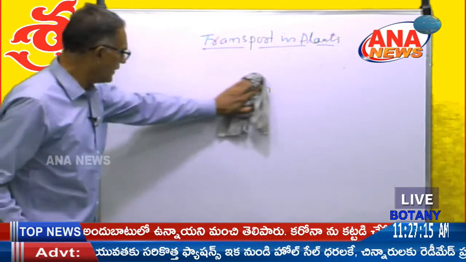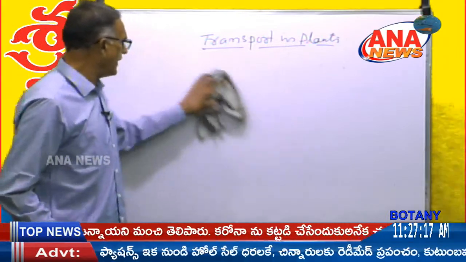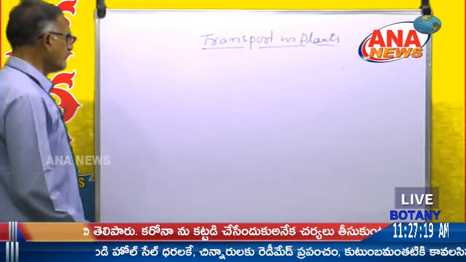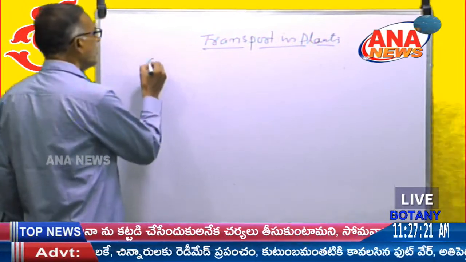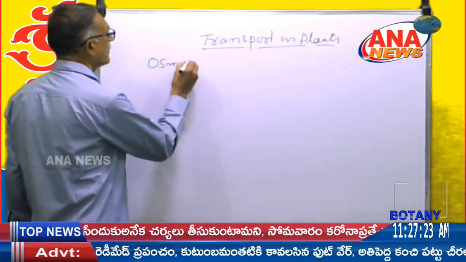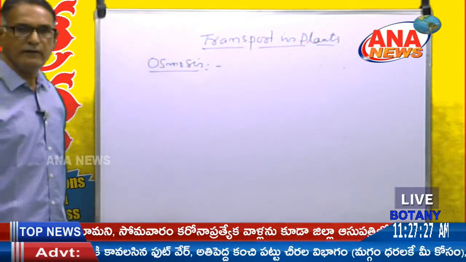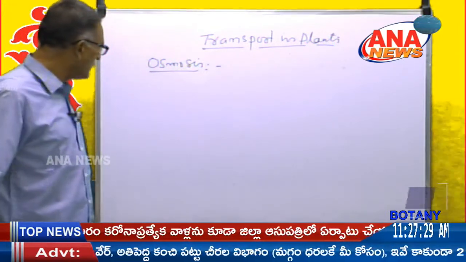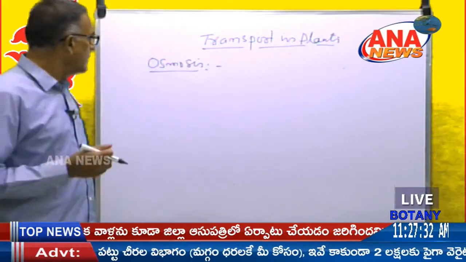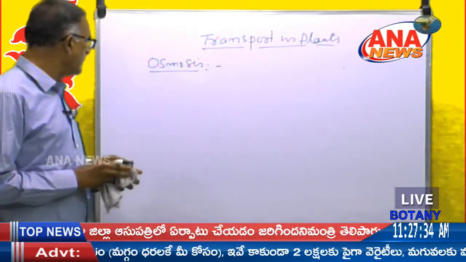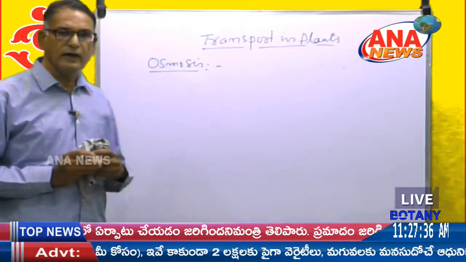Now we continue with another means of transport: osmosis. I think you have heard this word, and you are all very much aware of osmosis. You may recall we learned this process in lower classes.